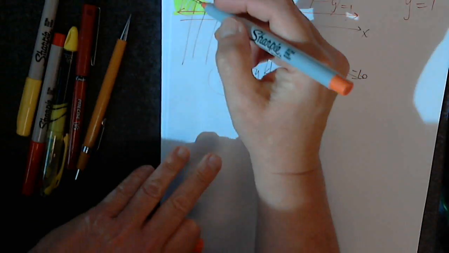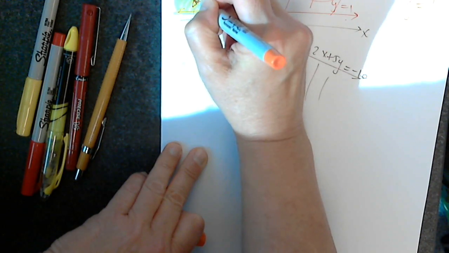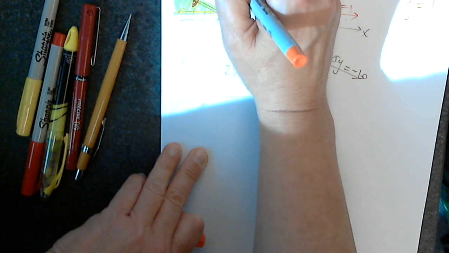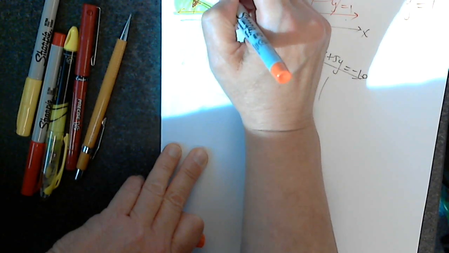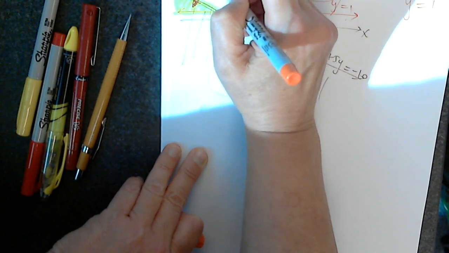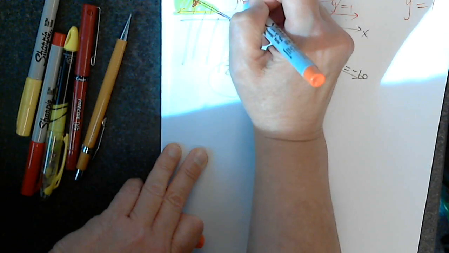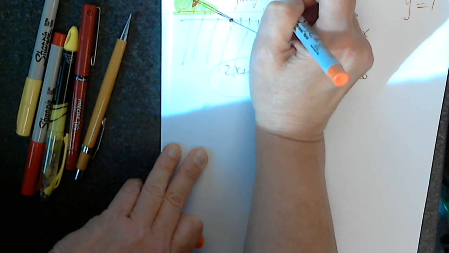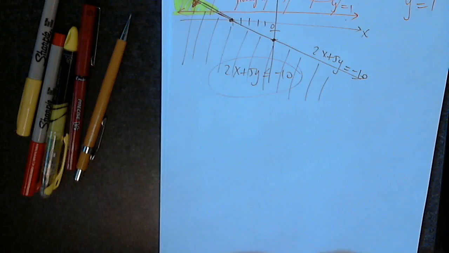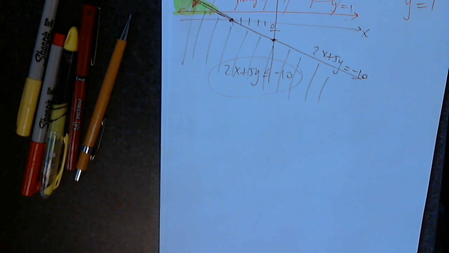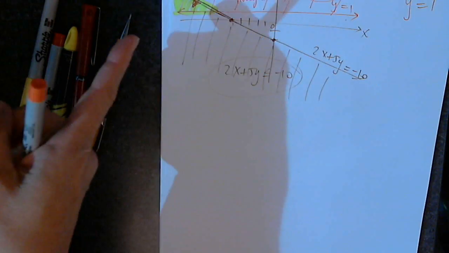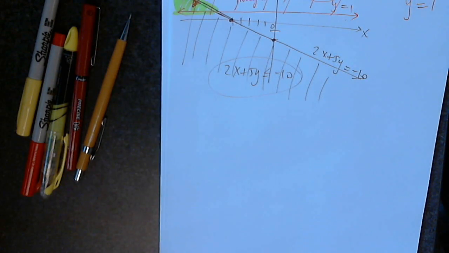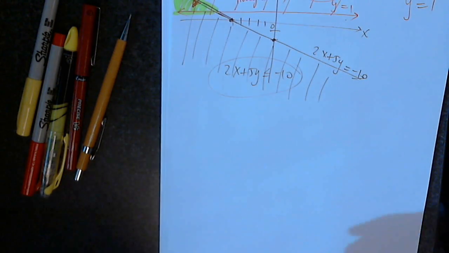And I should write it, an arrow in here pointing inside the green area: solutions to both inequalities. So if I want to find points that verify both inequalities at the same time, I have to pick from the green territory or region. No other ordered pair will verify both inequalities at the same time.